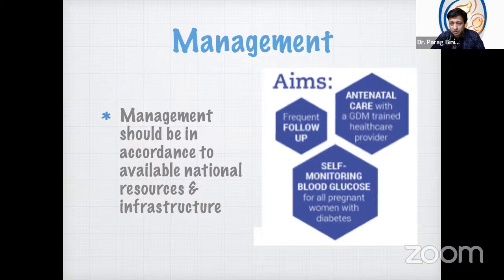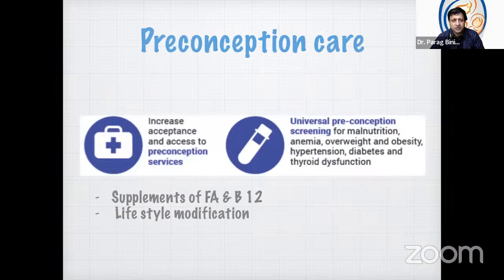She should be under the supervision of a GDM trained healthcare provider. It means one who knows about GDM and is vigilant about GDM and its consequences. And third, and very important, is self-monitoring of blood glucose for all pregnant women with hyperglycemia in pregnancy.